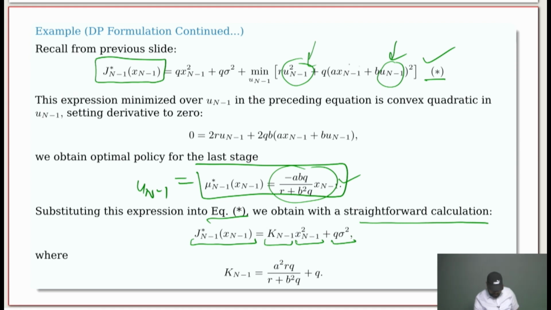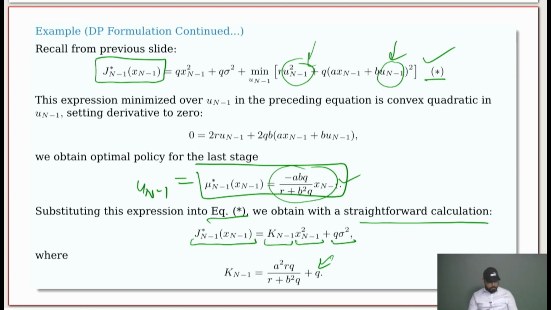You just substitute this, and then you remove the minima, obviously, because you already solved this minimization problem. So once you solve this and substitute, there is no need to put the minima, right? You minimized already. So you get the cost expression, which is K_{n-1} x_{n-1} squared plus this, where K is this. We have used these constants and combined them in one place, and we call it K_{n-1}, to write this in a simple form.